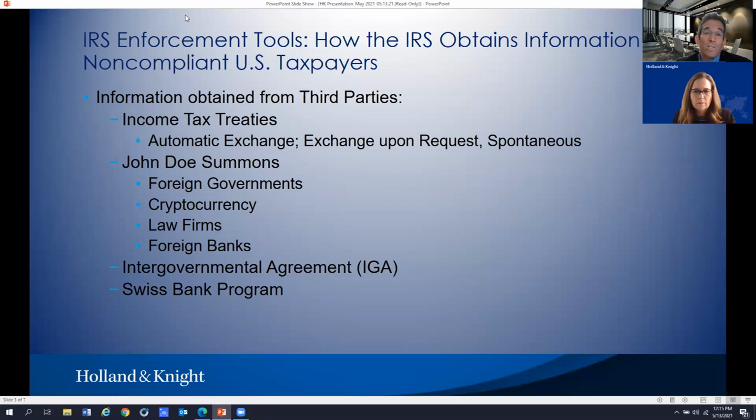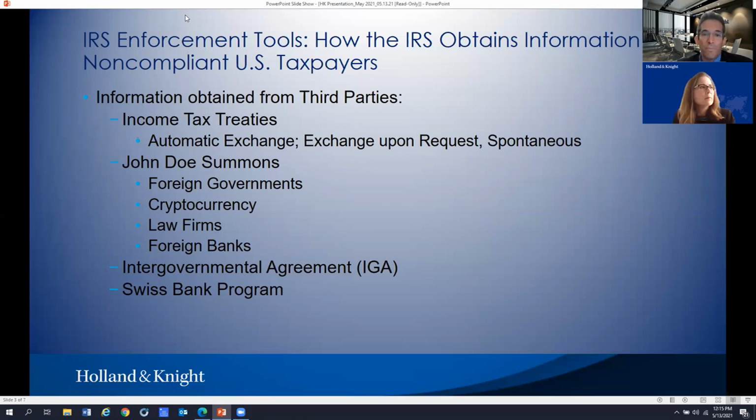The agents I've dealt with in the IRS recognize that. They say, just write back and let us know that this information is not available, or you don't have it, or the statute's closed. They don't seem to exercise the same degree of interest in pursuing IDR enforcement when it's through one of these treaties. At least that's been my personal experience.